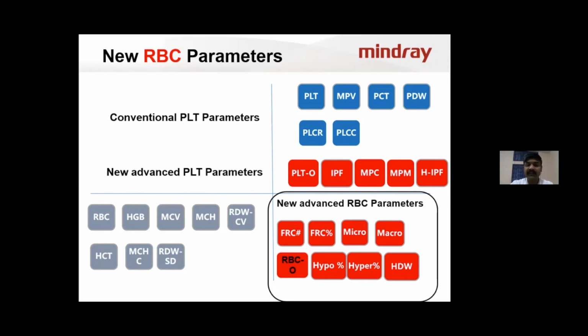FRC is nothing but fragmented red cells, and we have some microcytic and macrocytic RBC percentages, which can be utilized to distinguish between hemolytic anemia, or to identify iron deficiency anemia. Apart from this, I have the hemoglobin distribution width, and I have hypo and hyper RBCs. We'll see what the uses are.